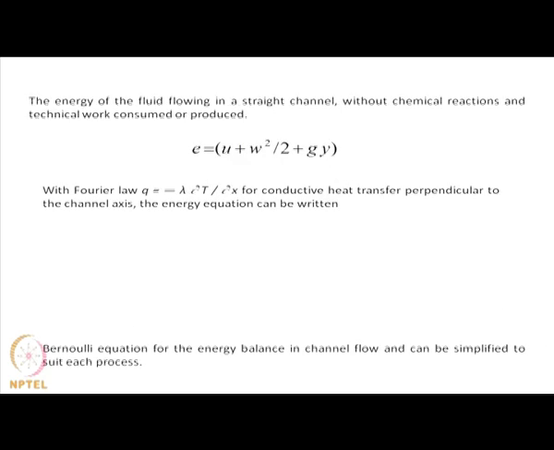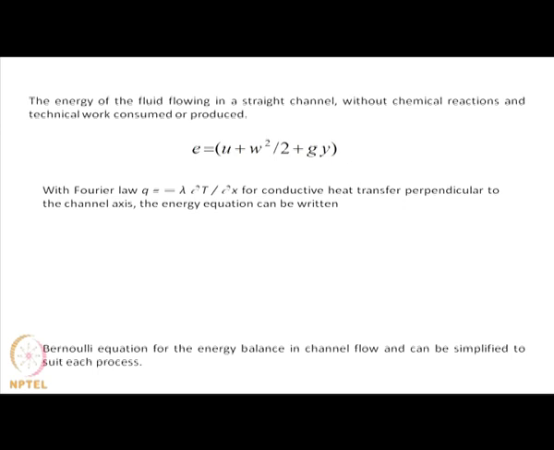So the energy of the fluid which flows in a straight channel without chemical reactions and technical work is simply the sum of the internal energy, the kinetic energy, and the gravitational energy.